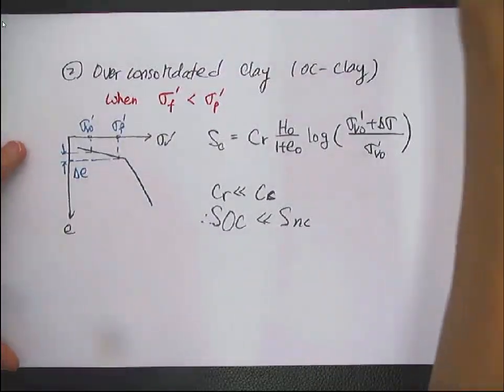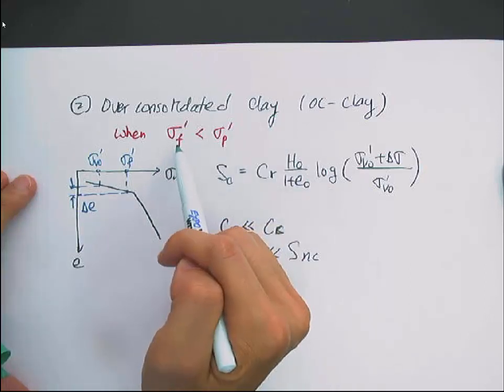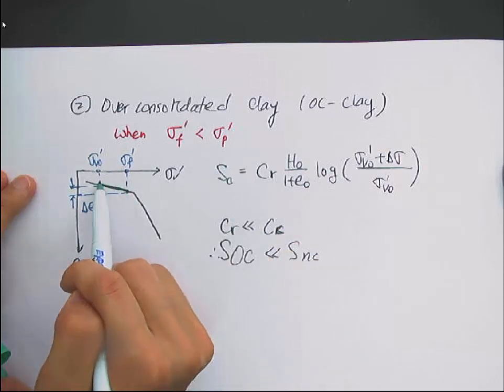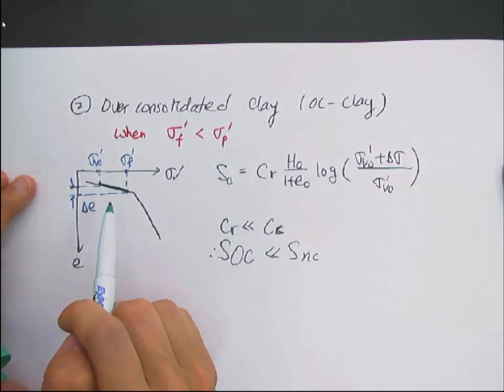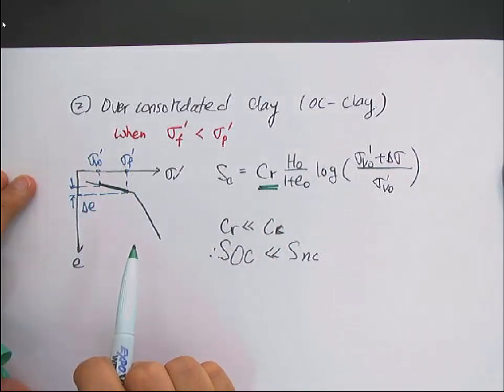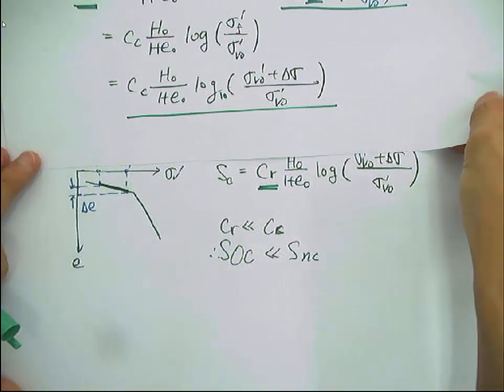And the case that we have over-consolidated clay and sigma f, the final effective stress, does not exceed sigma p prime. In that case, it only changes over this recompression curve, so you just need to use the recompression index. So here the shapes are the same.